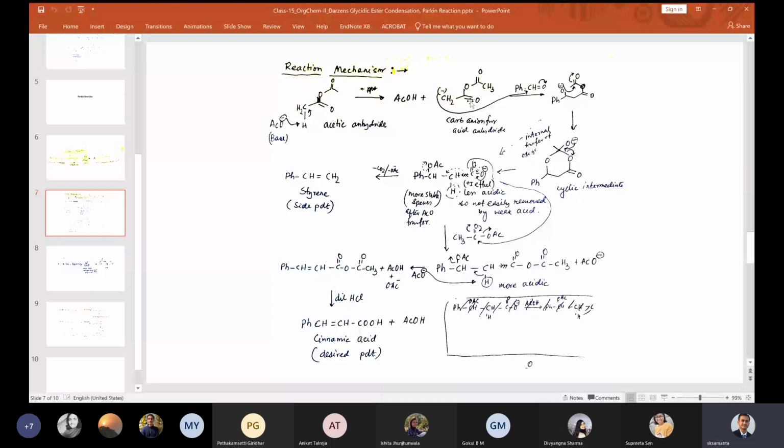When we want to make cinnamic acid, you take benzaldehyde, correct? So it will form PhCHO negative, then CH2CO-O-COCH3. Correct? So we have written it correctly from here to here.